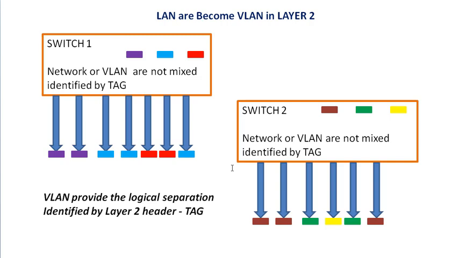Now just imagine the two water tanks become switch 1 and switch 2. Networks or VLANs are not mixed, identified by the tag. VLANs provide logical separation identified by the layer 2 header tag. So why are we referring to this tag?